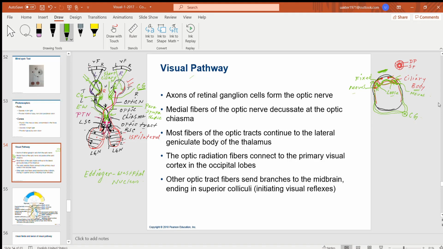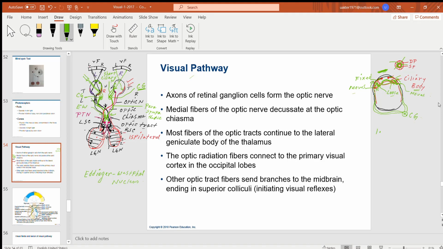Now what will happen in the iris? The parasympathetic ciliary nerve fibers also innervate the constrictor pupillae, that means the inner circular muscle of the iris, and will cause the constriction of the pupil. Make sense? So two actions we get when the light reflex occurs.